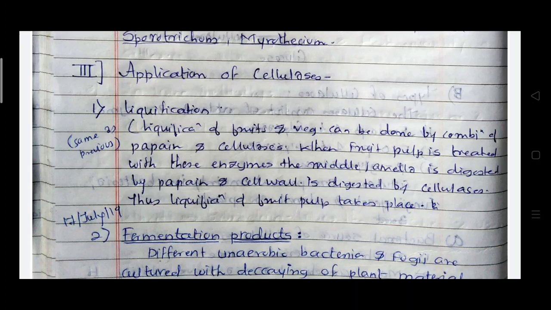When fruit pulp is treated with these enzymes, the middle lamella is digested by the papain and the cell wall is digested by the cellulose. Thus liquefaction of fruit pulp takes place. That's why at this stage the enzyme papain as well as the enzyme cellulose will be used.